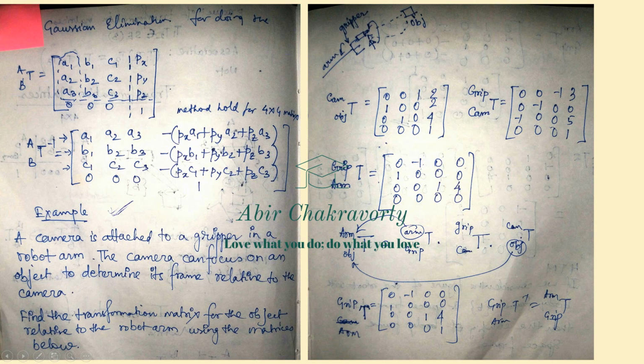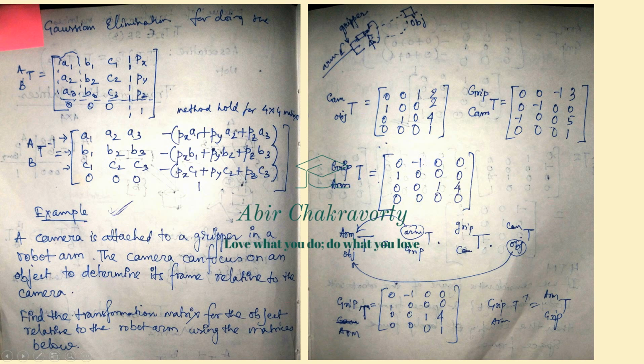In a similar fashion, for the column matrix B, minus Px B1, Py B2, Pz B3. Again for the column matrix C, minus Px C1, Py C2, Pz C3. In this way we find the inverse of the matrix.